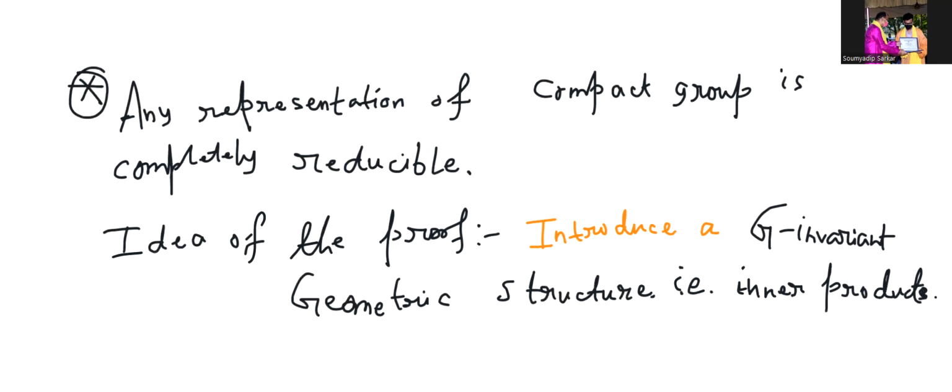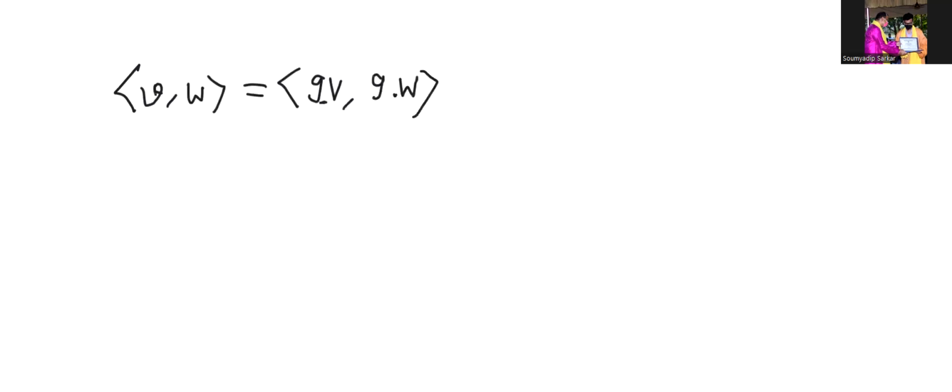That means precisely, if you want to write it, you can write in the following way. G invariant means the inner product of V and W is the same as the inner product of G dot V and G dot W. That means the measurement is unchanged after the operation of G.